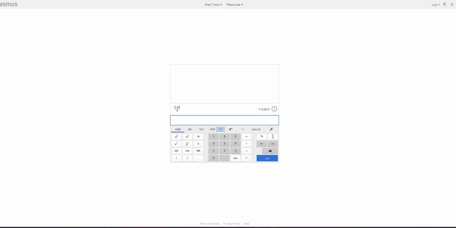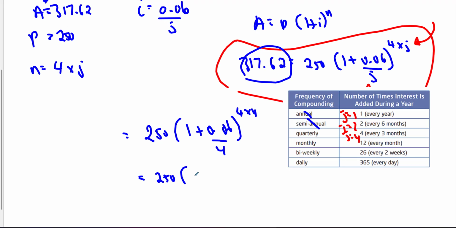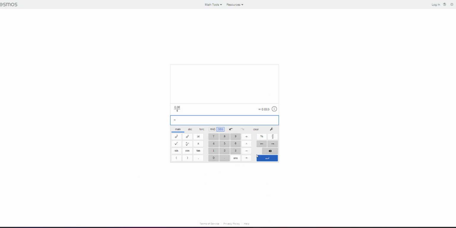That's 0.015. So I added the 1 to it, so answer plus 1 is that. And then answer to the power of 16.